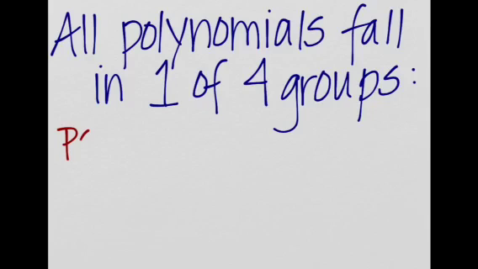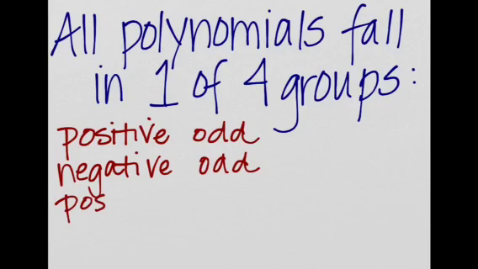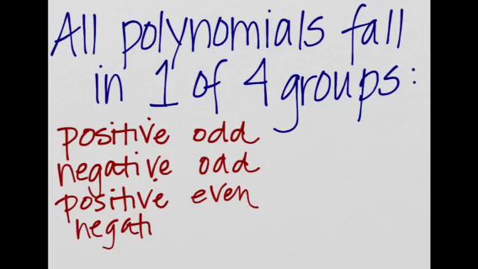We're going to have positive odd functions. We're going to have negative odd functions. I'm sure you can figure out the next two. We'll have positive even functions and negative even functions.